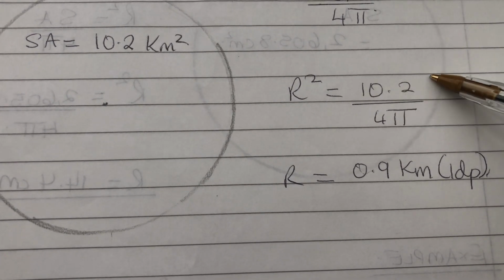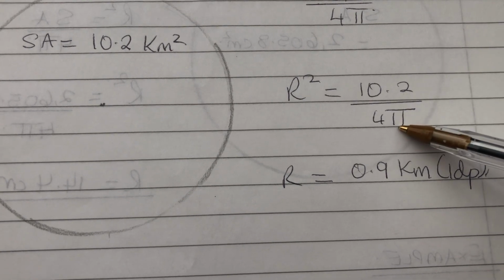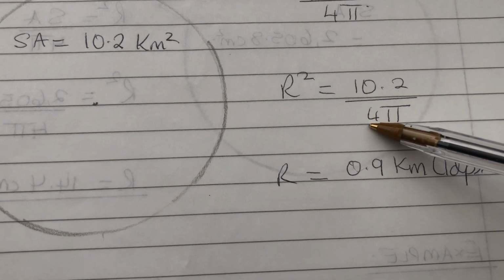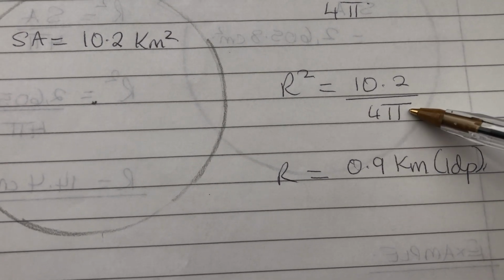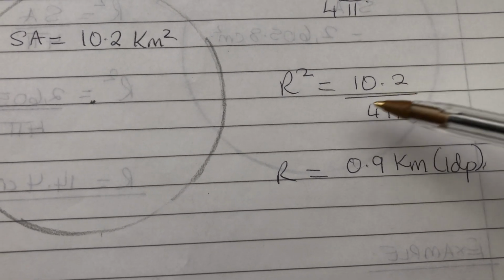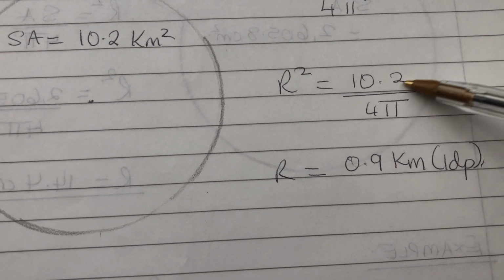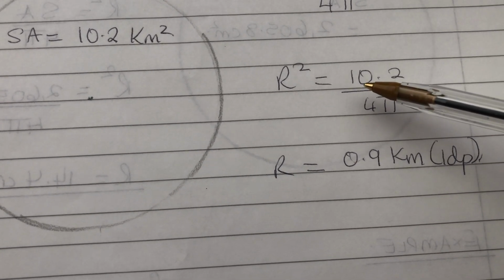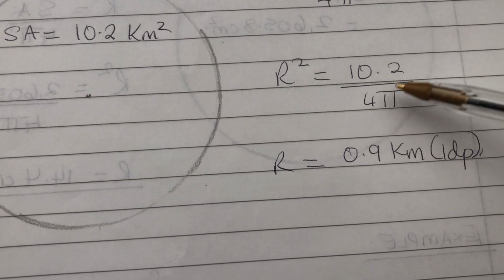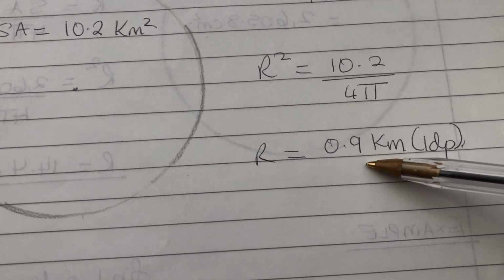So 10.2 first, divide by 4, divide again by pi, or you can do 4 times pi, and then you inverse it, because this is dividing, and then you multiply by 10.2, or you do 10.2 divided by 4 divided by pi, square root it, you get this answer.